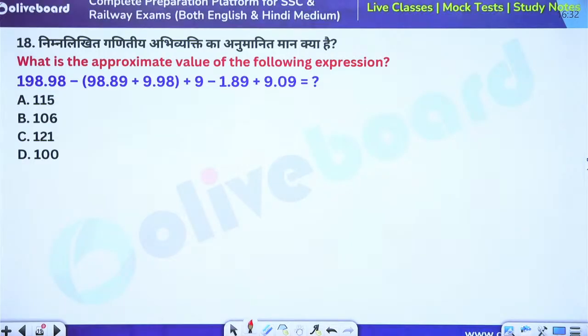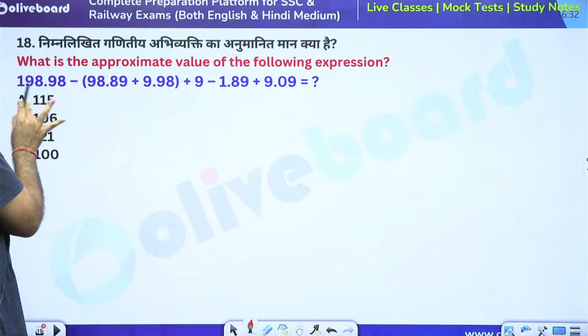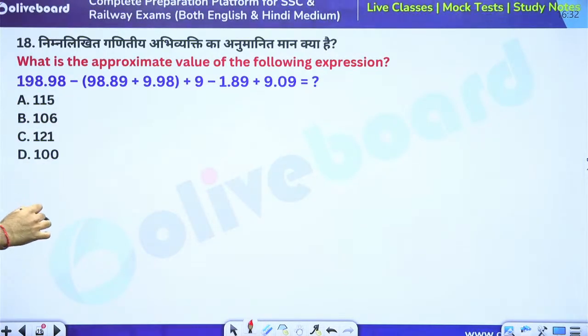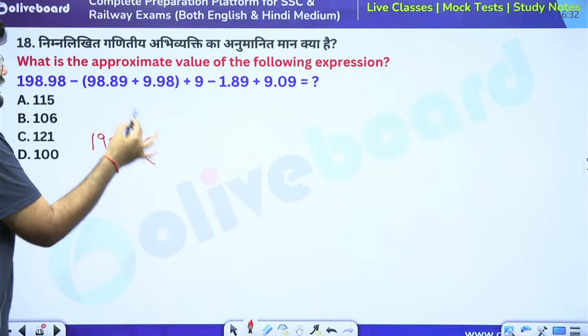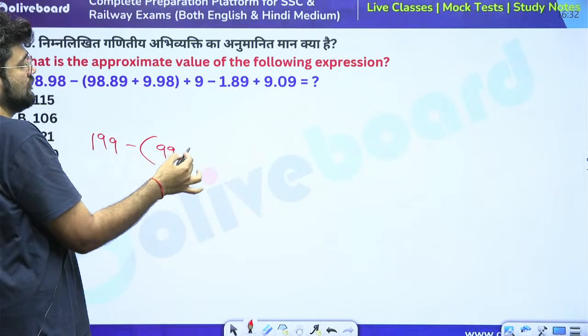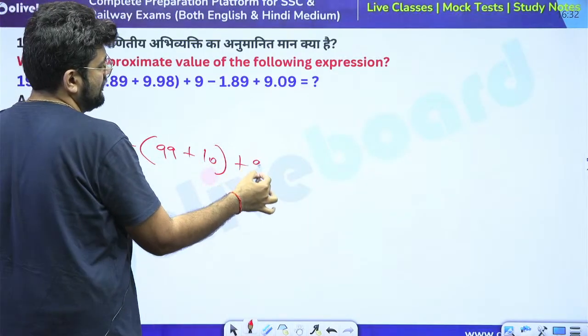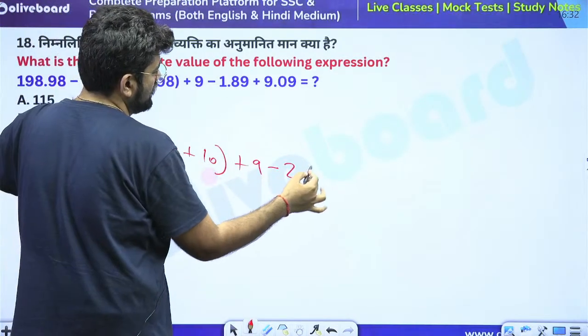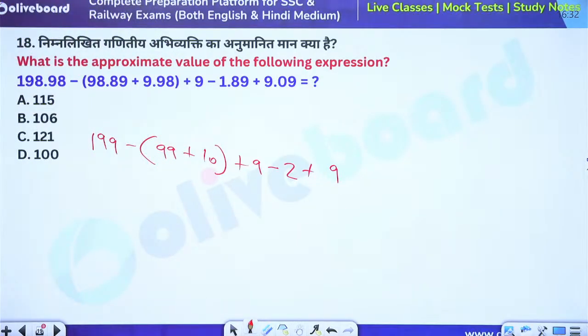We can approximate each one of them to the nearest one. So this is 198.98, so we'll make it 199 minus 98.89, again 99 plus 10 plus 9 minus, we'll make it 2 plus 9. Okay, now find the approximate value.